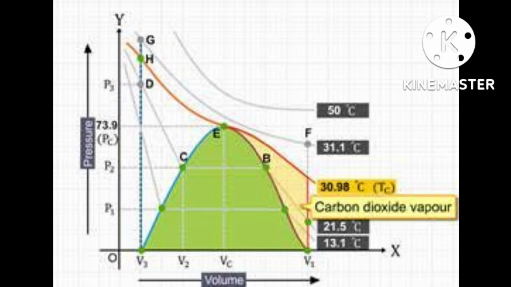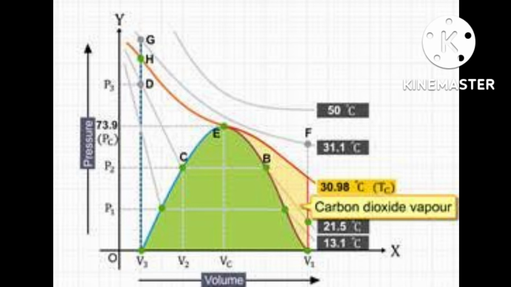and at 30.98 degrees the volume will be very, very small, and at that point the gas will begin to liquefy. Okay, then you will find a point, and if you join all these points, from when the volume was more and how it was decreasing up to reaching that point, it will take the shape of a dome, D-O-M-E, dome.